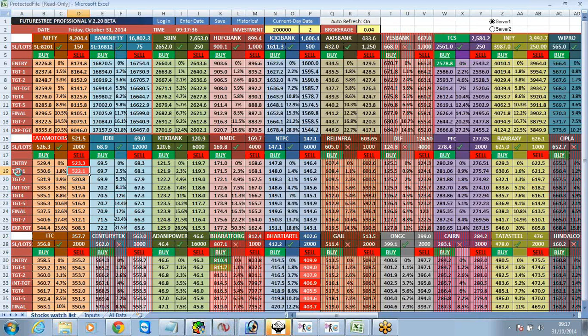So Tata Motors is at target 1 now. So the way how you will be trading is you'll short one lot of Tata Motors in futures at the current market price. The current market price whichever is existing at that point of time.